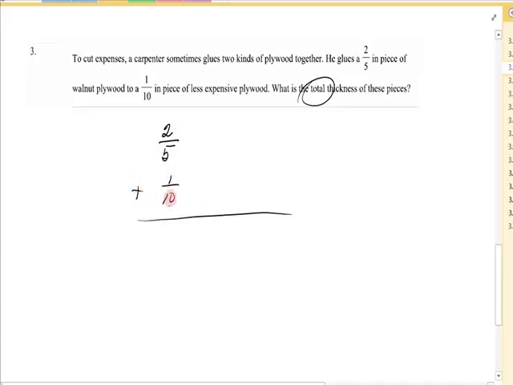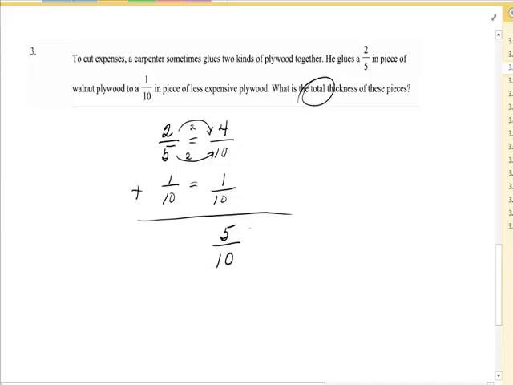Now I've already had these denominators before, and I know that 10 will work as a common denominator. 5 goes into 10 two times, and 2 times 2 is 4. No change, so no change in the top. Keep my denominator of 10, add the 4 and 1 for 5.